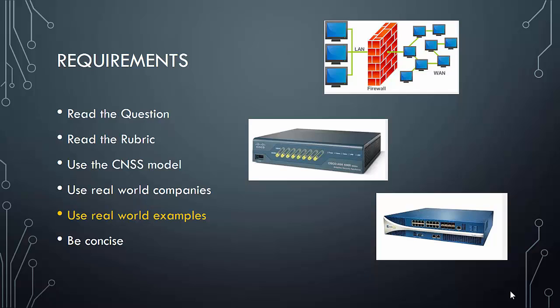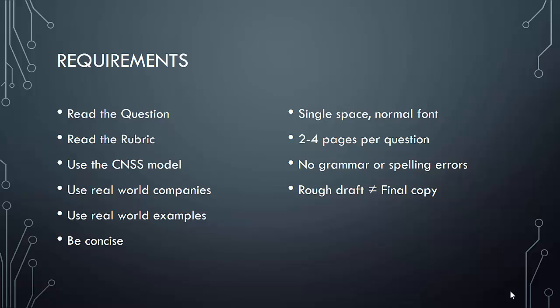But you really want to get into, this is the Cisco firewall, or this is the Palo Alto firewall, and how they particularly help you answer that question. So again, real-world companies and examples kick in on questions 1 and 2. Be careful to, or try to use both of those.